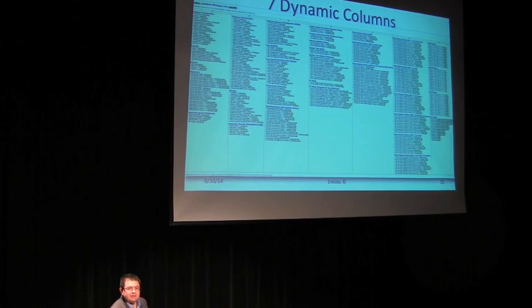So EDB360 has 7 dynamic columns. That means if I run EDB360 in one database and I run it on a different database, the content of this report changes. Why? Because it's assuming that you don't have the opportunity to go back and forth several times against the database, it has to do some analysis in order to present what is important.